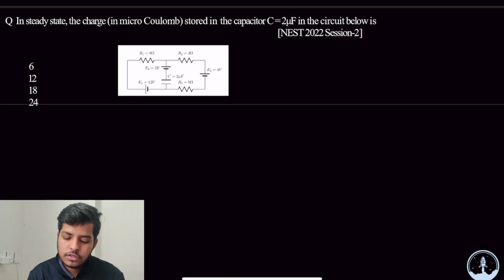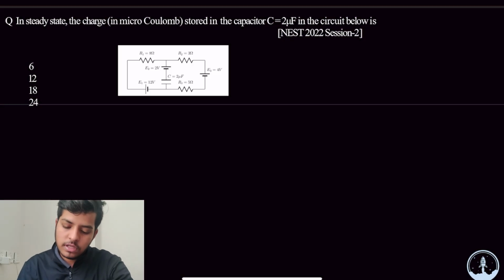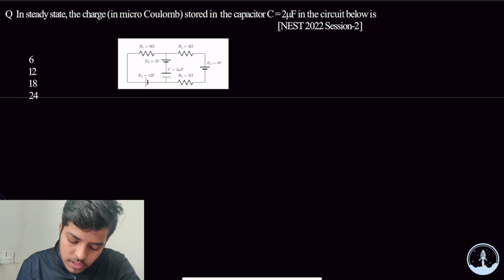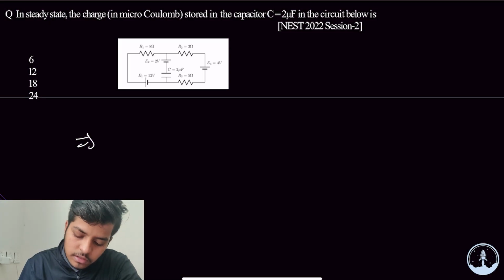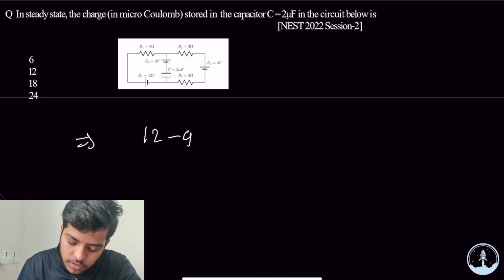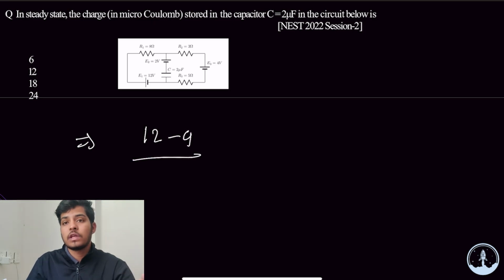In steady state, what is the charge stored in the capacitor C equals 2 microfarad in the circuit below? So again, the current through the network of capacitors will be 0. So current will be 12 minus 4, the potentials are in opposite direction.